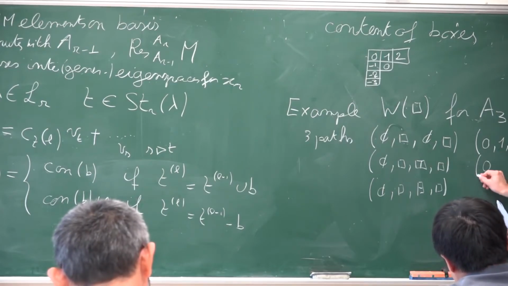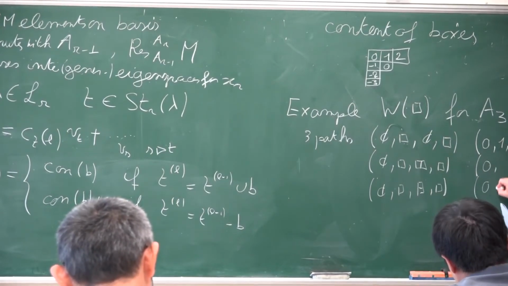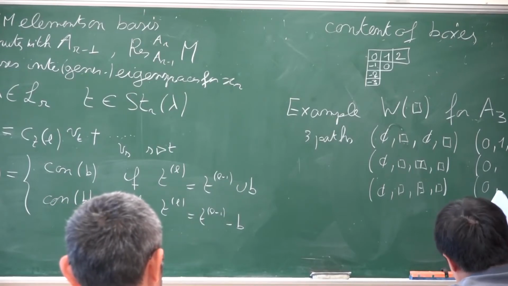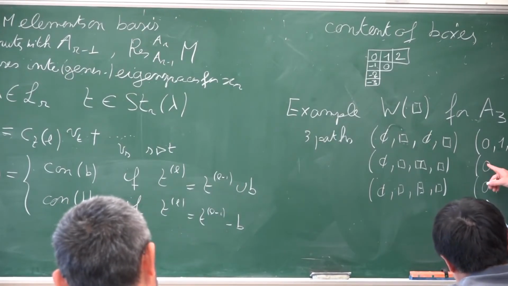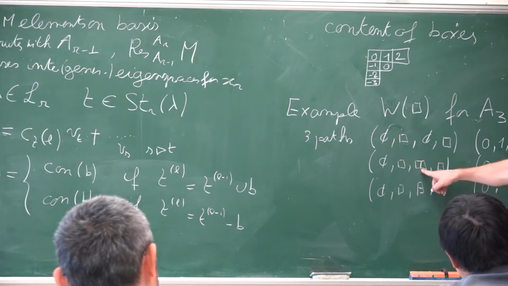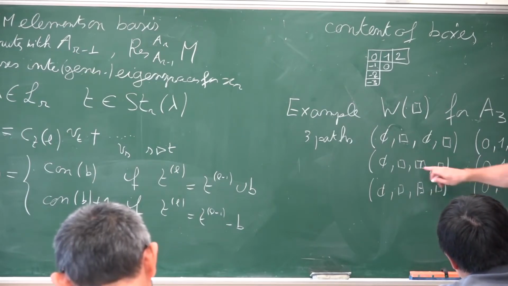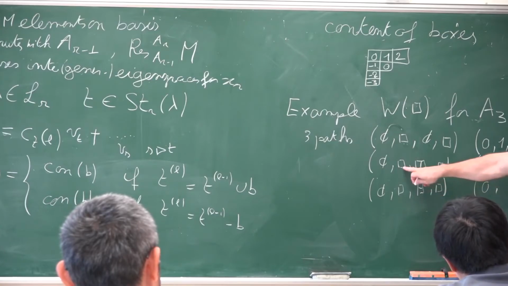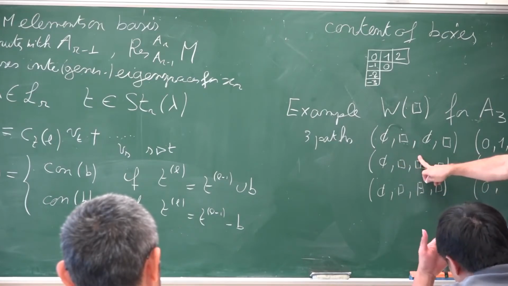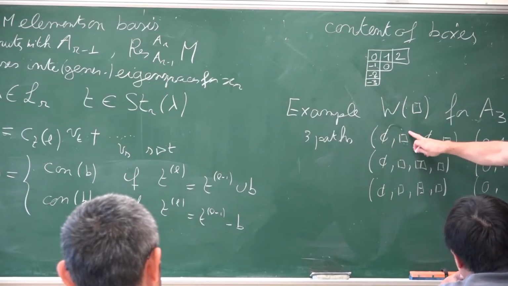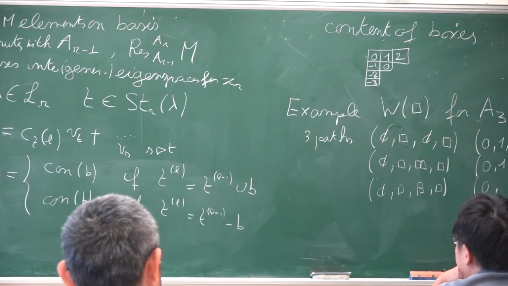I'll always get 0 in the first step, which is good because x1 was 0. Then here I add a box with content 1, so I also get 1.